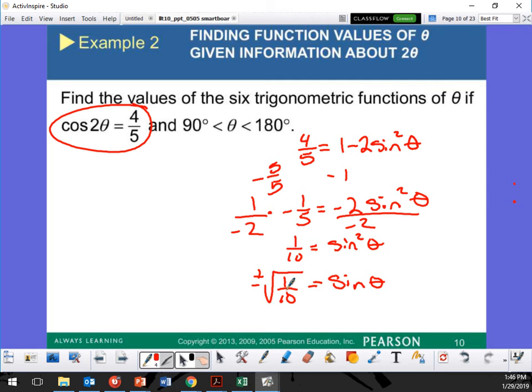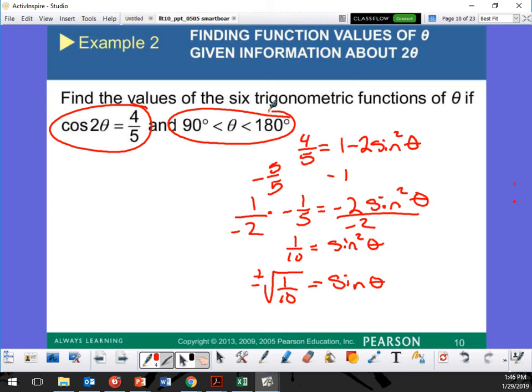Where does my value have to be? What quadrant is that? Quadrant 2, right? But I'm saying sine right now. So we know that in quadrant 2, sine is positive, right? So this value has to be positive.